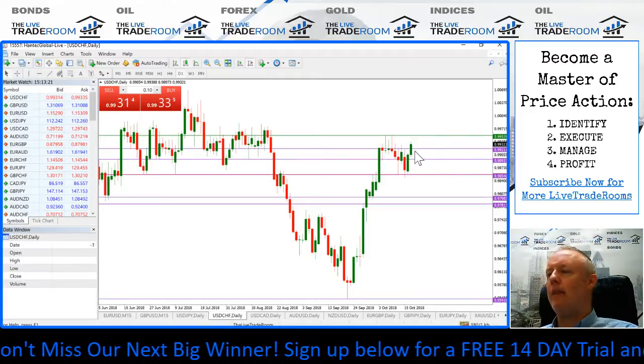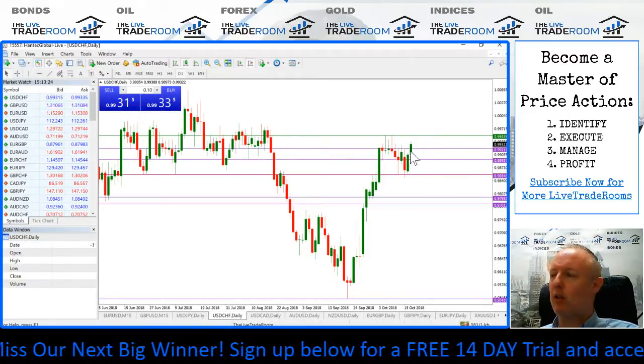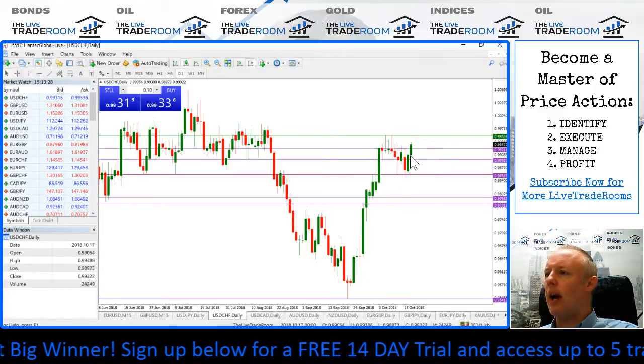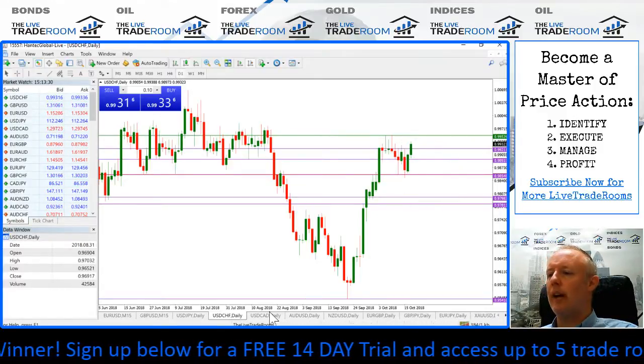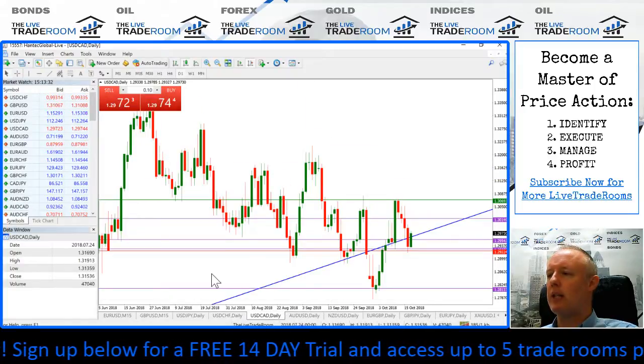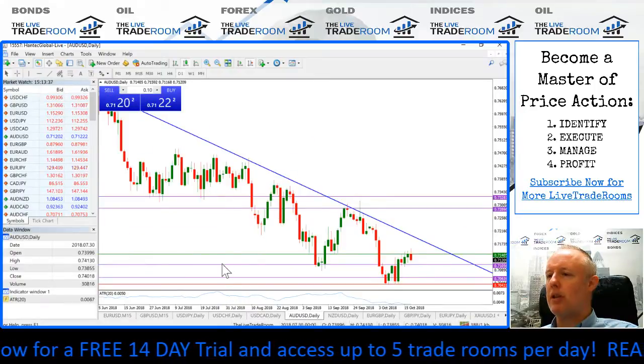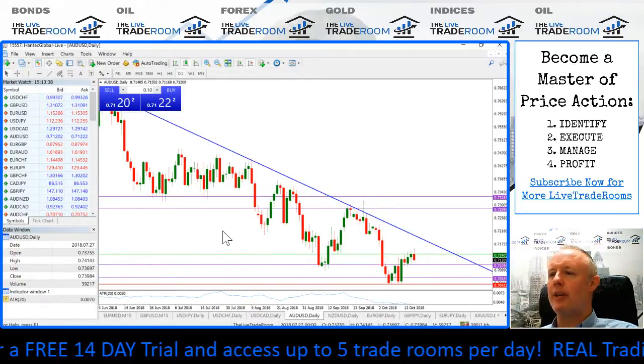And we've had the Swiss franc react accordingly. We've had a kind of a slow grind lower, and now we've got an explosive move pushing higher as we look at these charts. So there's a bit of strength coming in at the moment, just not so much against the US.